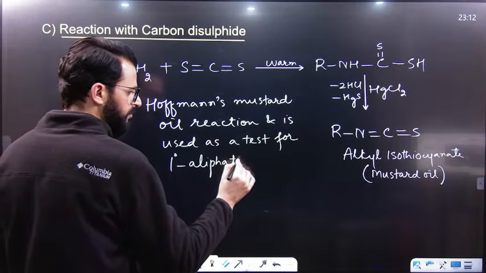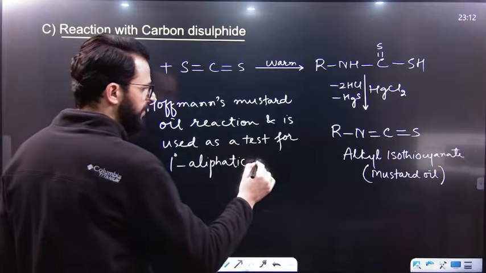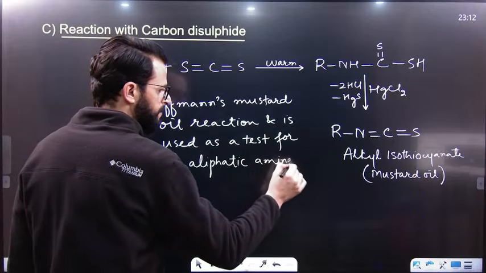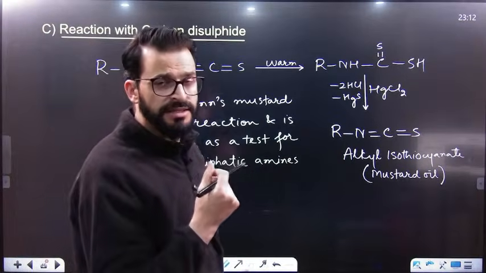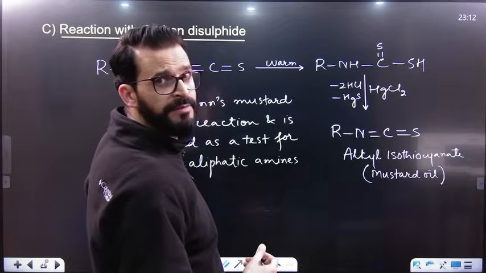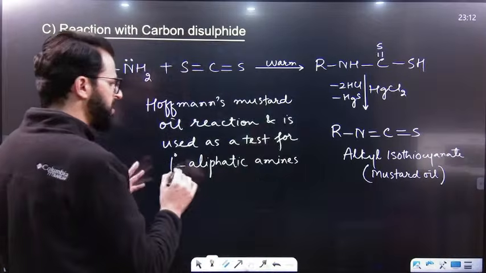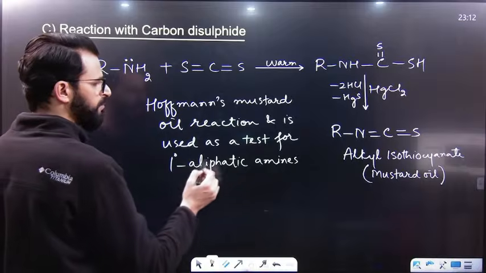Only aliphatic, not aromatic. Primary aliphatic amines. That means if a mustard oil smell is there, our starting material will be a primary aliphatic amine. So, with the help of this, it can be used as a test for primary aliphatic amines.